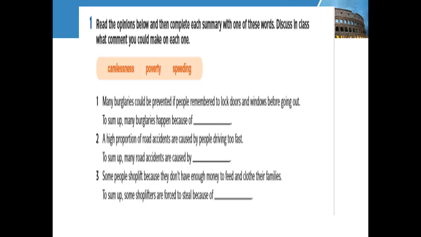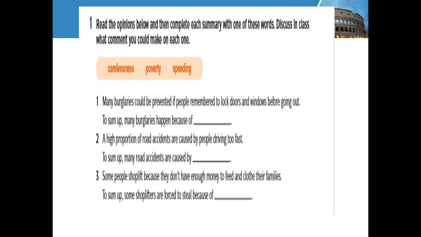Firstly, you should complete the summaries with the words in the orange box, and then the second task is you should discuss, or at least write, what comment you could make for number 1, 2, and 3. So the first one is carelessness, the second word is poverty, and the third one is speeding.